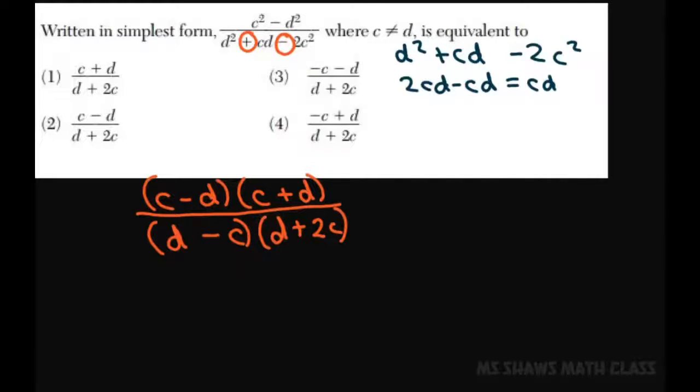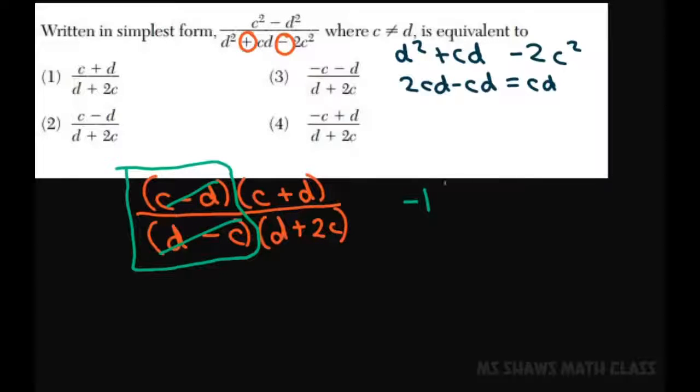Now, anytime you have this thing right here, where you have the minus, but the variables have changed, that means it equals -1. And I'll explain that in a minute. So we can cancel this out and call that -1.